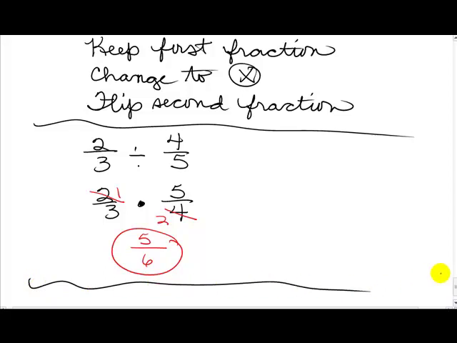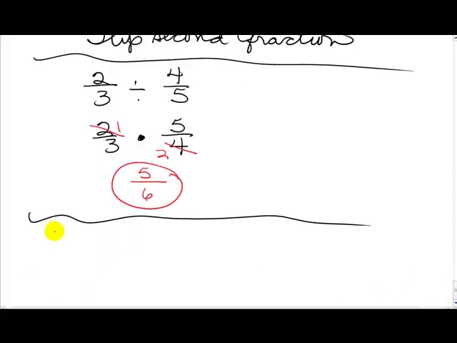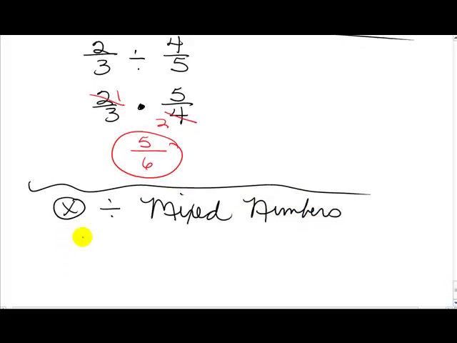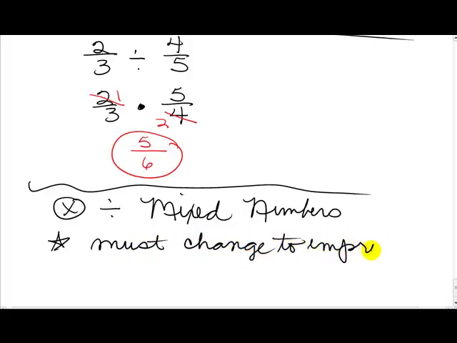With mixed numbers, multiplying or dividing mixed, here is you must change to improper. We didn't have to do it with the adding and subtracting, remember?